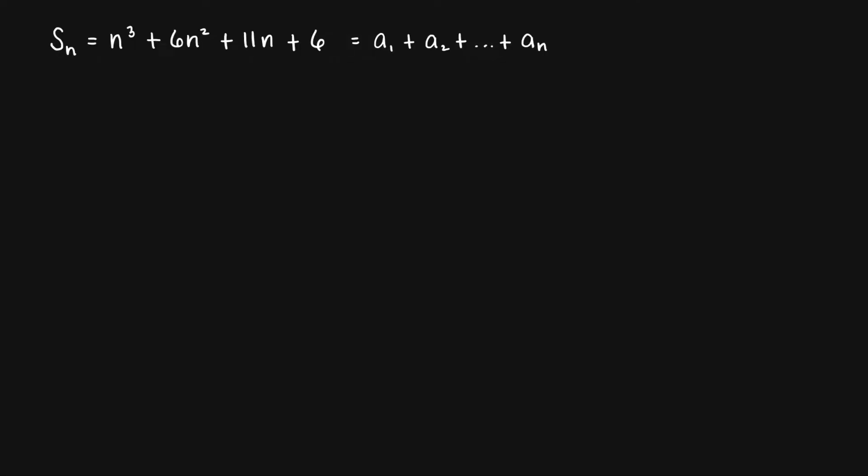So let S sub n be equal to this one, which is the sum of a1, a2, and so on up to an. Our first step here is to find a formula for the nth term of the sequence, a sub n.